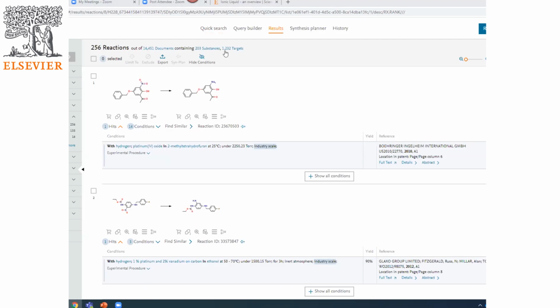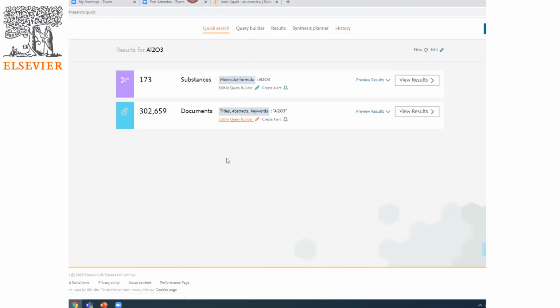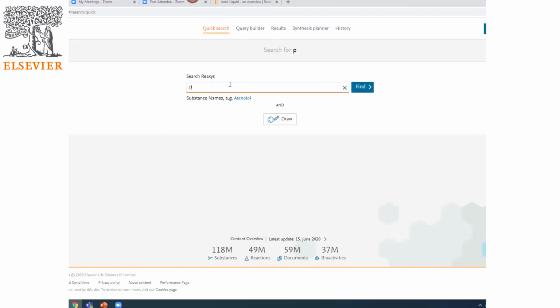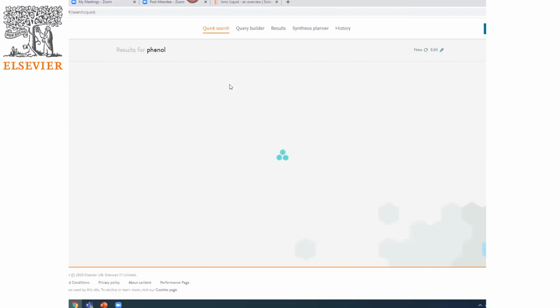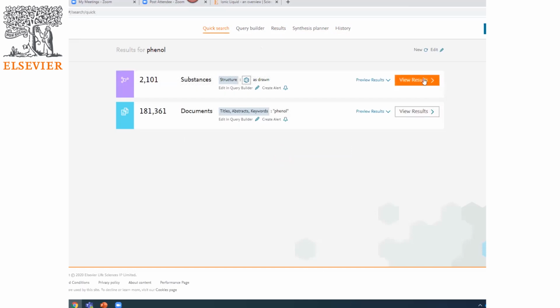Does Reaxys contain the health hazards of chemicals and how to deal with them in a safe way? Yes, for example, let's go to the history, or it would be easier to find phenol by ourselves.